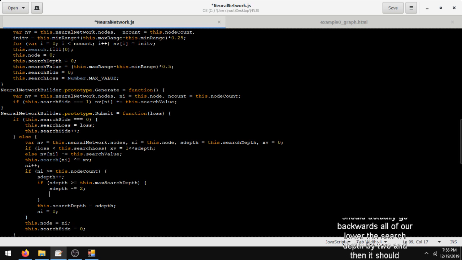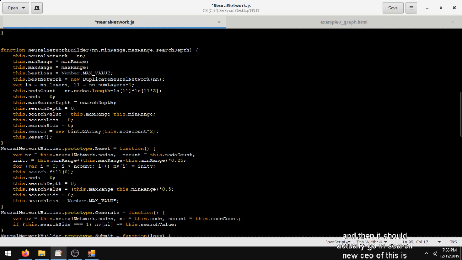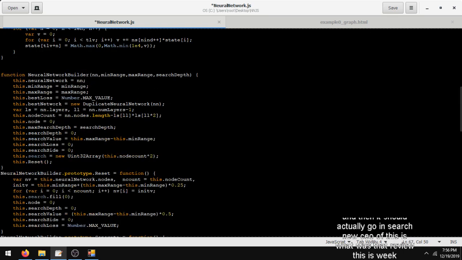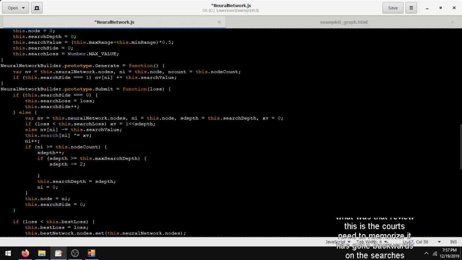And then it should actually go and search. So yeah, this is definitely going to be what this is going to be for. It's going to need to memorize if it's gone backwards on the search as well.